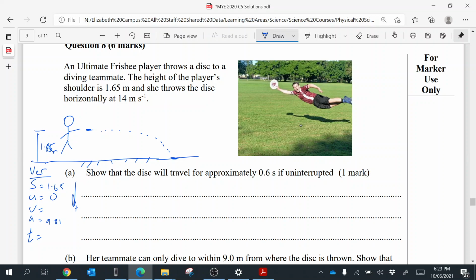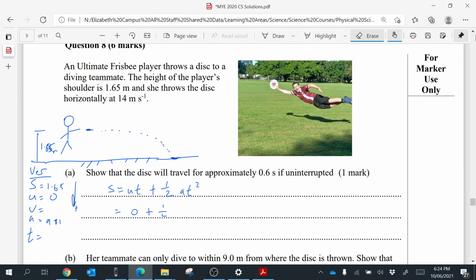So we have S equals UT plus a half AT squared. So S is equal to 0 plus a half. Oh, actually, I can put in what the S is, can't I? So we've got 1.65.